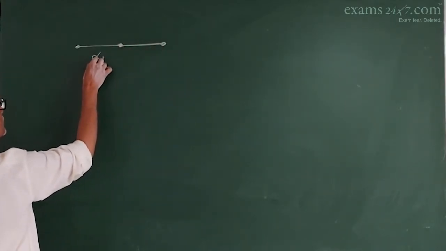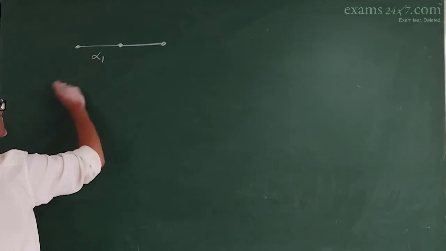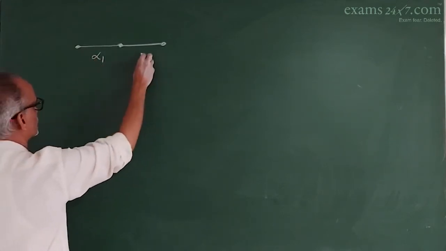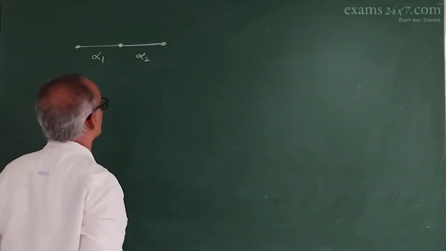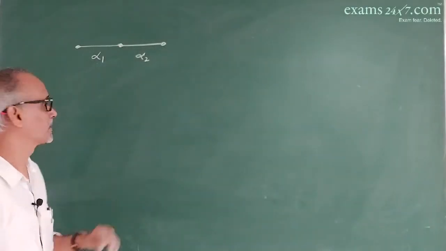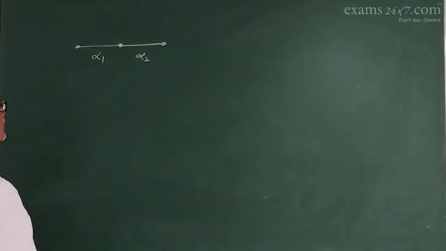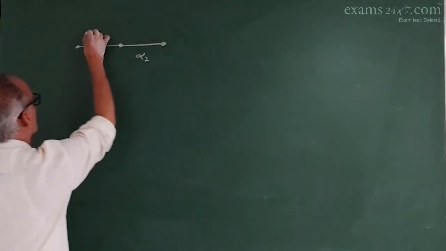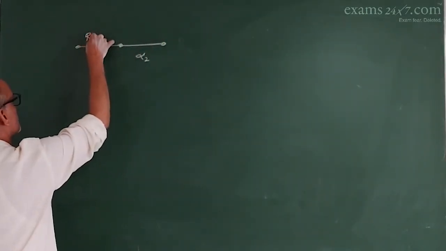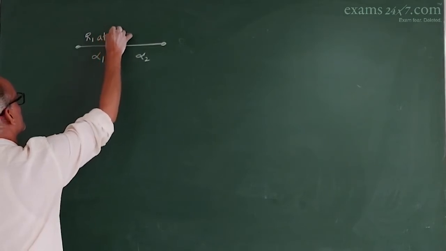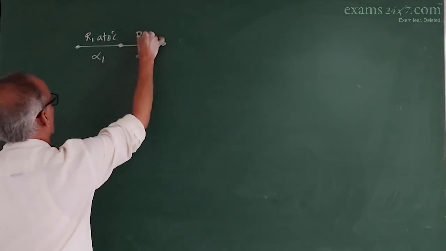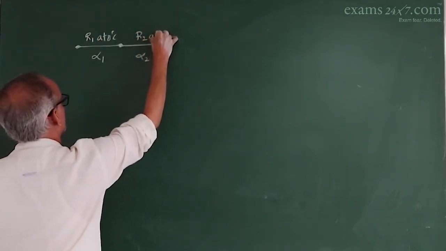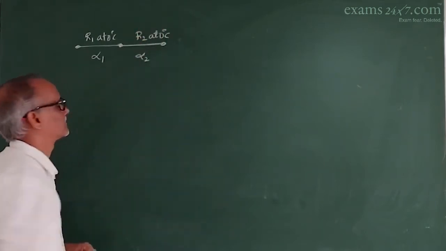One wire has alpha 1 as its temperature coefficient of resistance and the other has alpha 2. They are connected in series. Let R1 be its resistance at 0 degree centigrade and let R2 be the other's resistance at 0 degree centigrade.